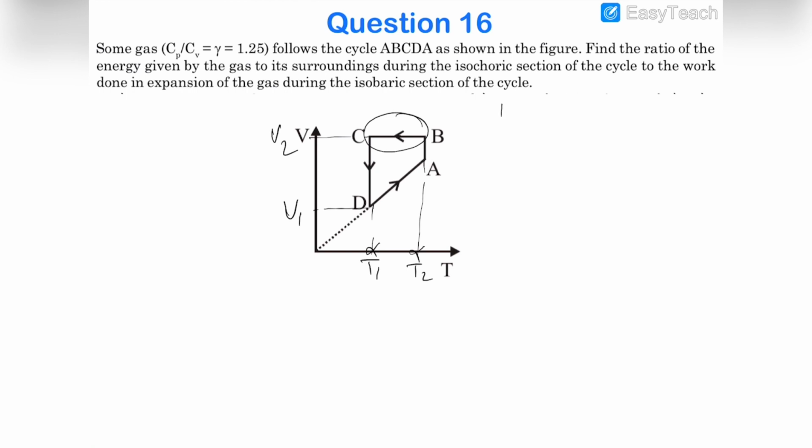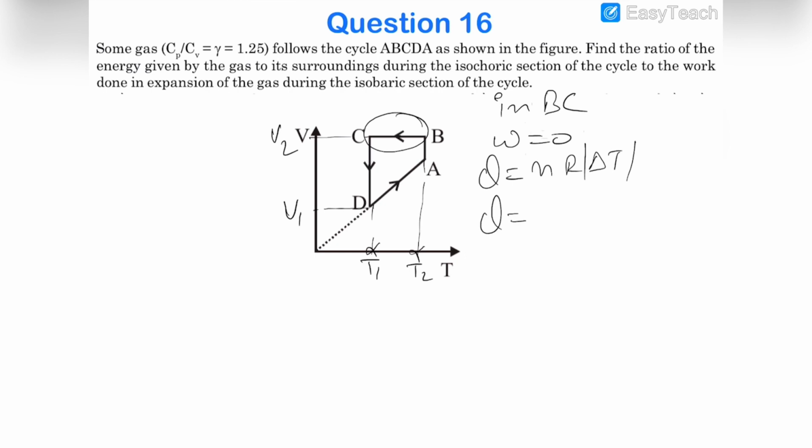In process BC, work done is 0 because volume is constant, so heat extracted will be equal to nR delta T. Now we just have to take the magnitude of delta T because we have already used the sign. As we know that T1 would be less than T2, therefore heat Q will be negative, and the negative sign indicates that heat is being extracted. So we are just calling it extracted heat and we are taking its magnitude.